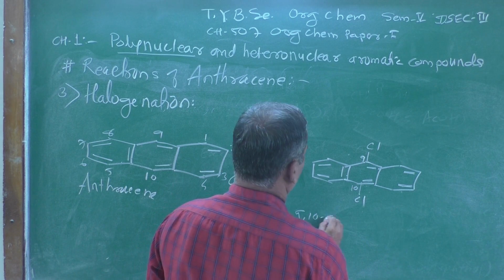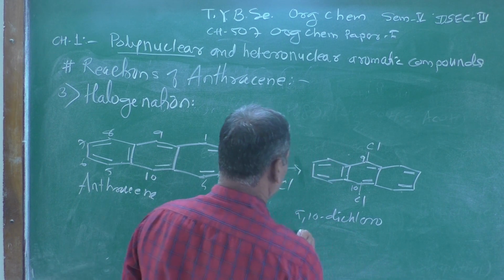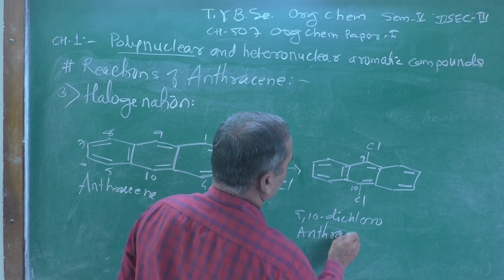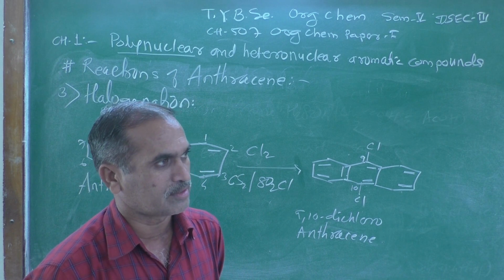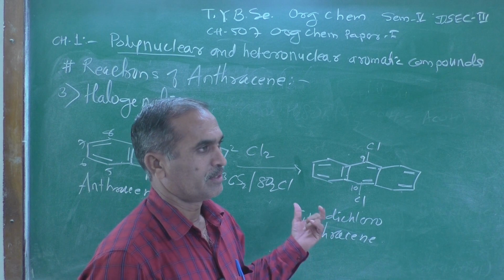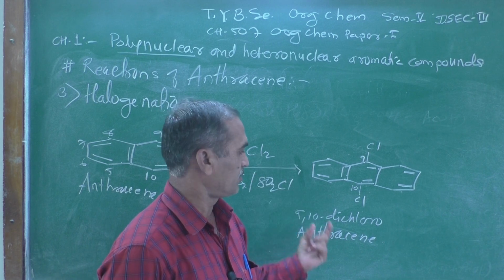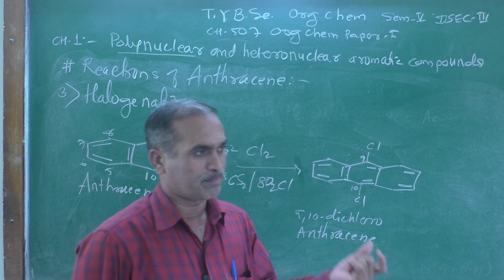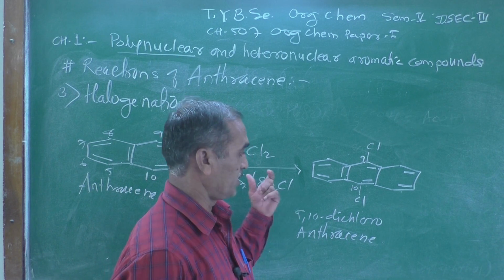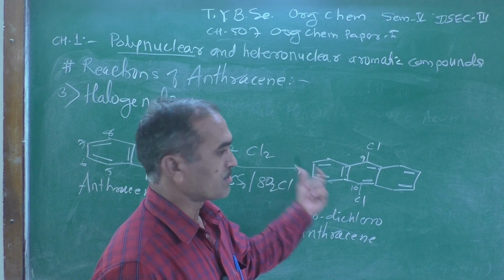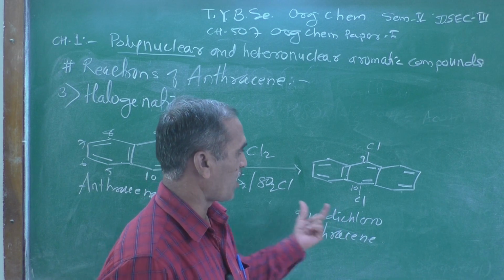After adding the proper reagent and maintaining proper reaction conditions, the desired product is obtained, which is 9,10-dichloroanthracene.